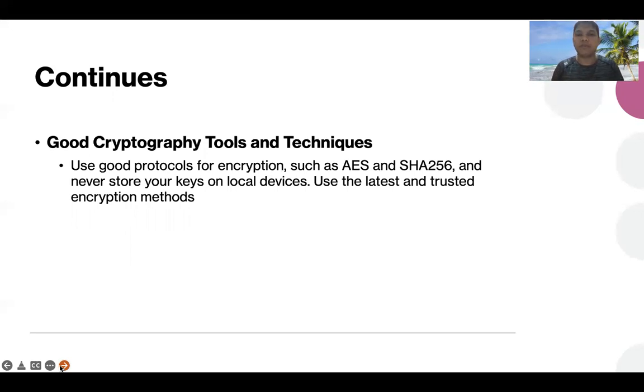Those are proven not secure for mobile applications, but use a good protocol such as AES and SHA-256. The most important is never store your key on the local device, but use the latest and trusted encryption method.